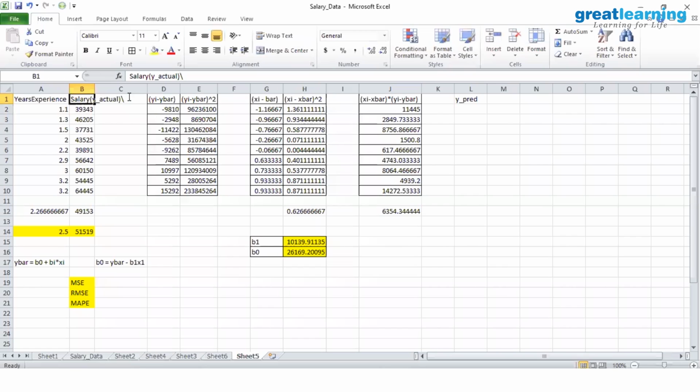Now I'm going to predict y here. How am I going to predict y? Using this formula, b naught plus b1 into x1. So this is the actual, this is the predicted. This applies for all the records here.